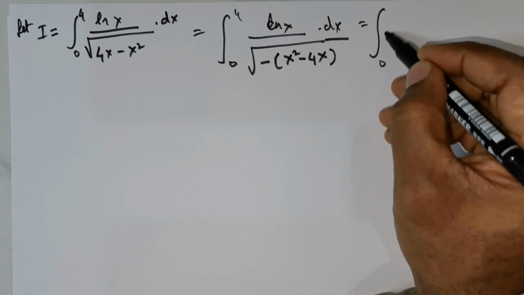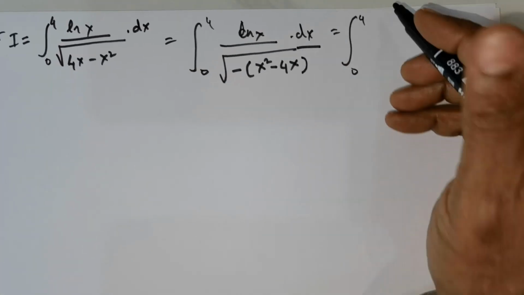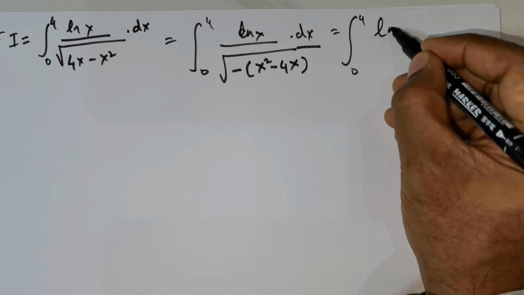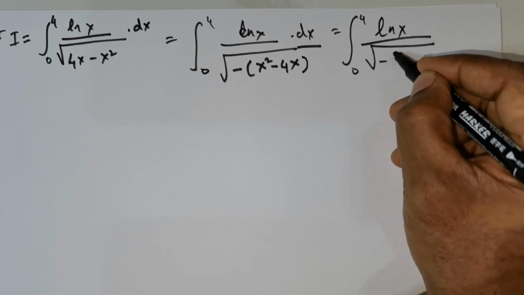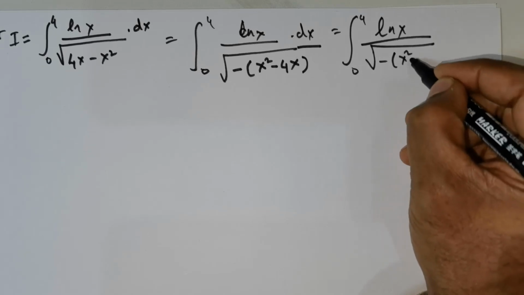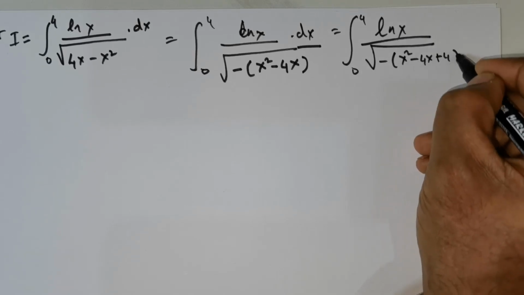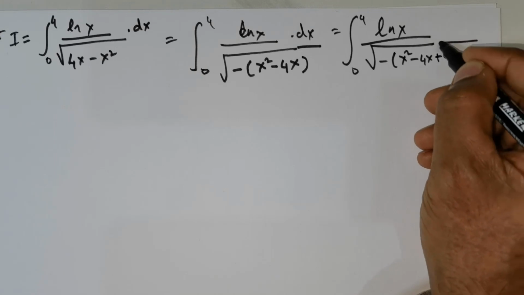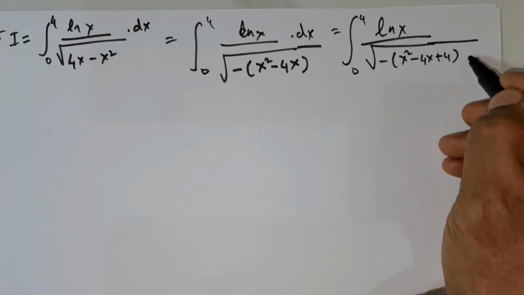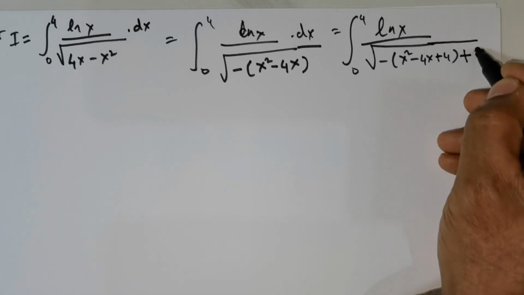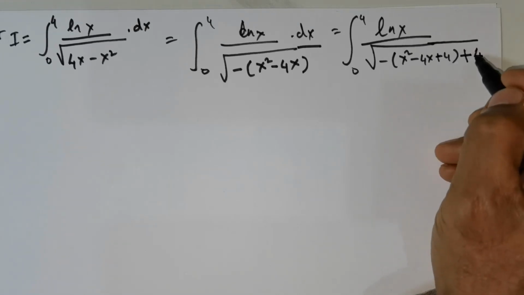Now I would like to rewrite this as the integral from 0 to 4 of ln x divided by, now let me add a positive 4. If I add a negative 4 inside, we need to neutralize it by adding a positive 4.